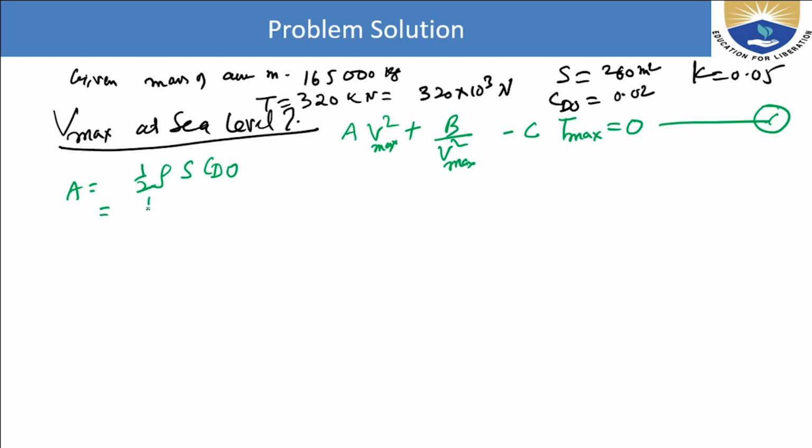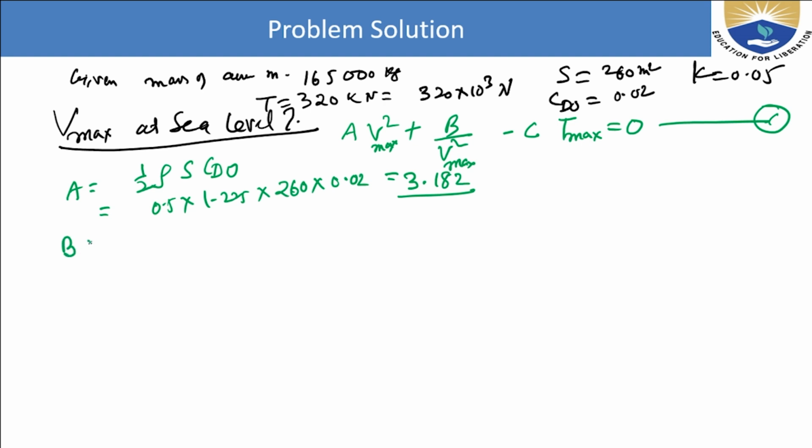So half into 1.225, area is 260 meter square, CD naught is 0.02, so 3.182. We got A.